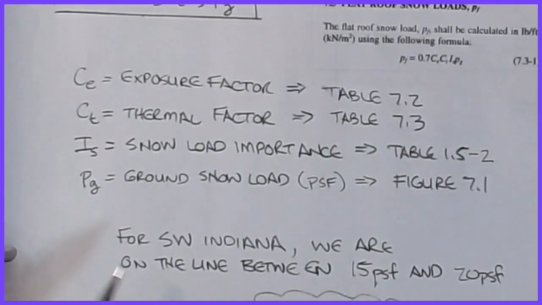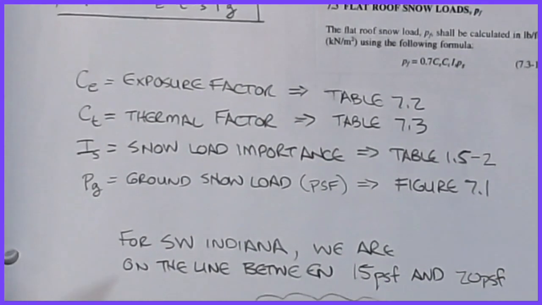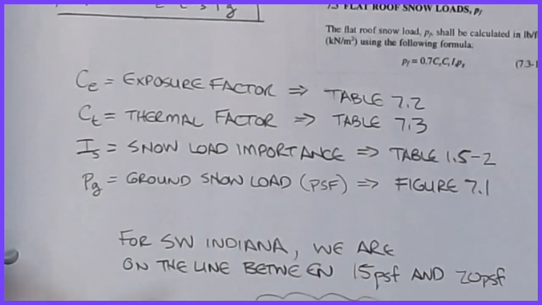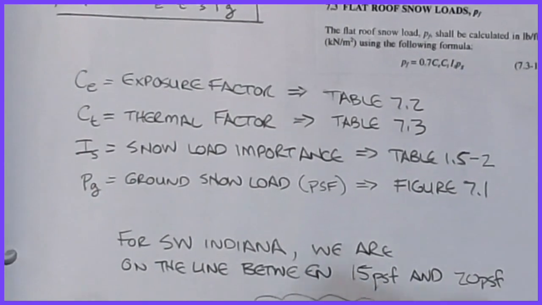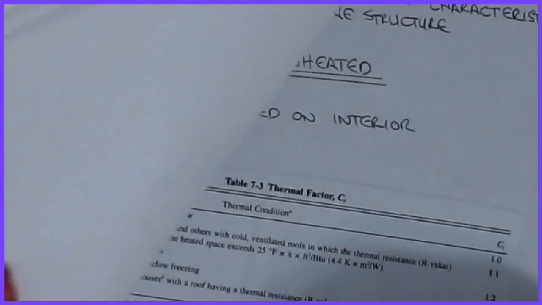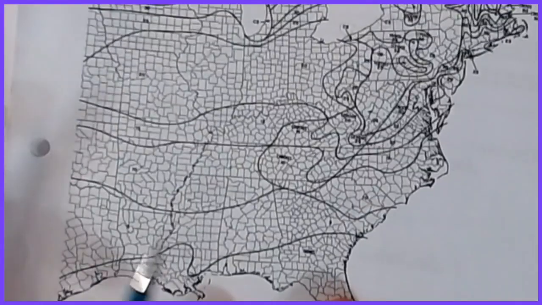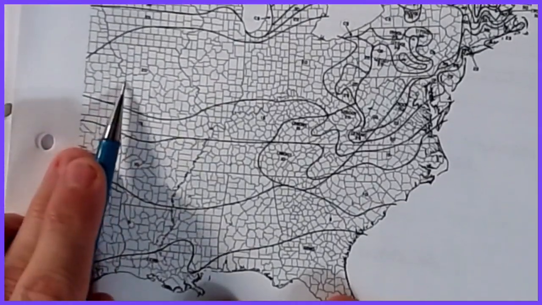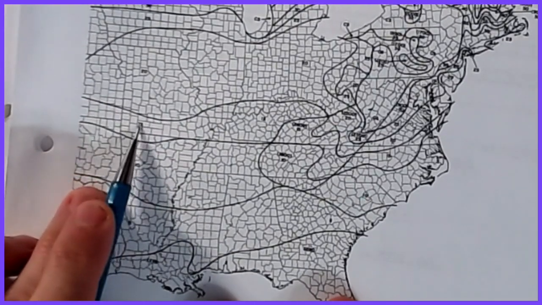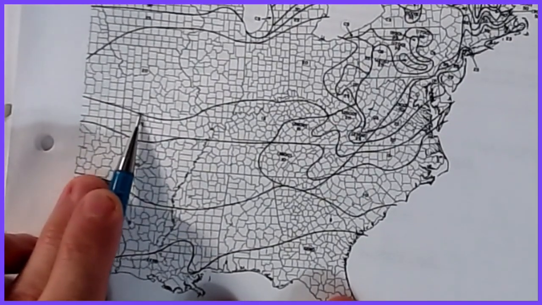For Southwest Indiana, which is where we happen to be, we're kind of on the line between 15 and 20, so normally I round up, because if you look back at the maps, here's a 15, here's a 20. It doesn't mean that it all of a sudden miraculously jumps 5 pounds per square foot at that location.